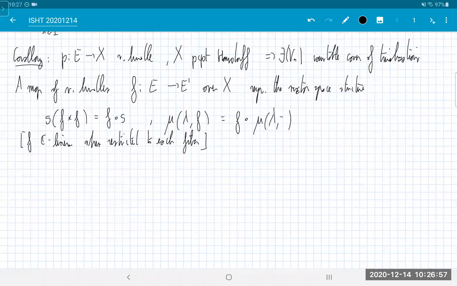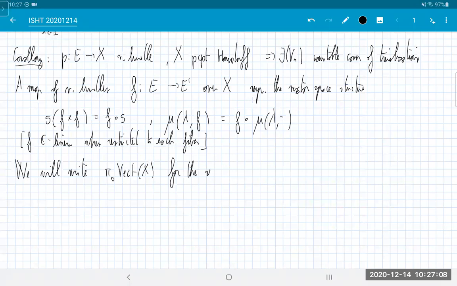Okay, and we will write π_0 Vect_C(X), Vect(X), for the set of isoclasses of vector bundles on X. And it's π_0 because secretly there will be a space of vector bundles whose π_0 is the set of isoclasses. But for now, it's just notation.